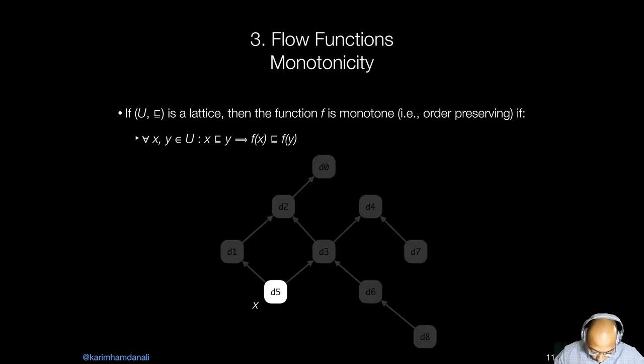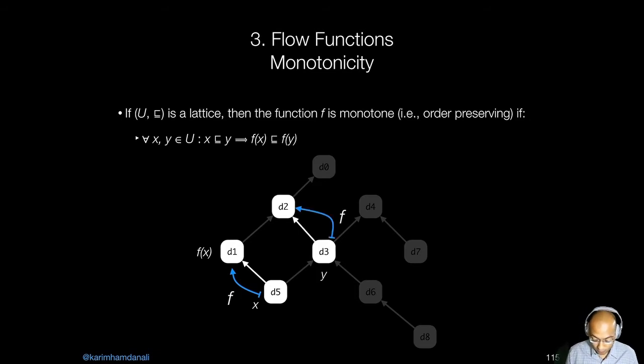So let's pick some elements from this lattice that we have in front of us. I'm going to pick d5 to be my x, and let's say that I define the function f such that f of x would yield d1. Now if I pick y to be d3, and my function f yields the value d2 as f of y, then d2 has a higher order than d1.